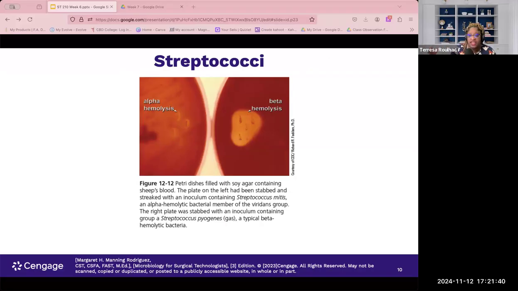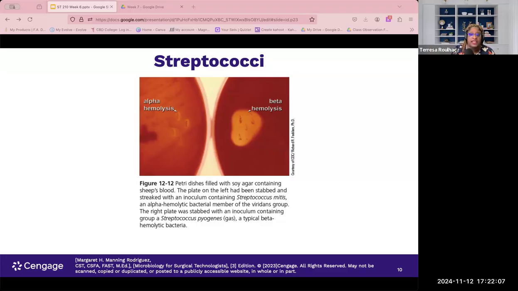So we look at the characteristics. We look at gram-positive. We look at whether they're motile. A lot of times they're non-motile, they're non-spore forming, and they're catalase negative. They're often found in pairs or chains. They are classified by their colony morphology and their biochemical reactions, meaning how they react in the body.